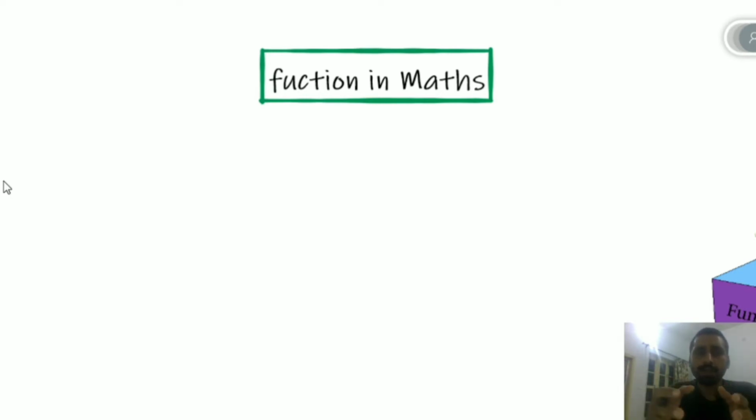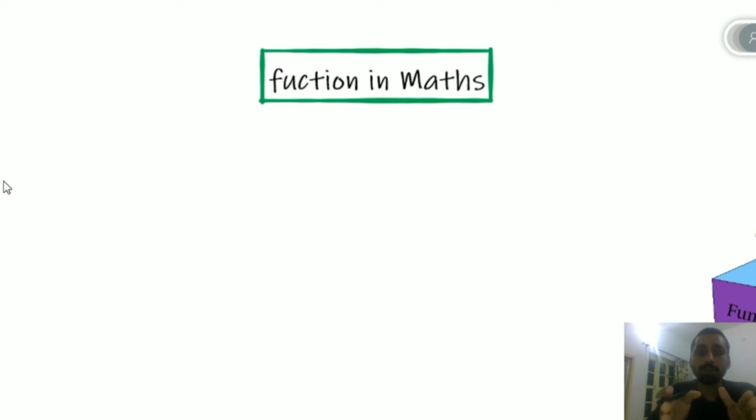Function is something we use most widely in applications, not only in mathematics. It is also applicable in the sciences, physics, chemistry, engineering, economics and many more. It is the basic backbone for the concept of calculus. Calculus is understood on the basis of the function.